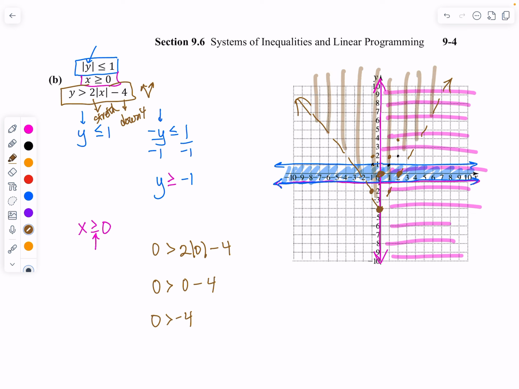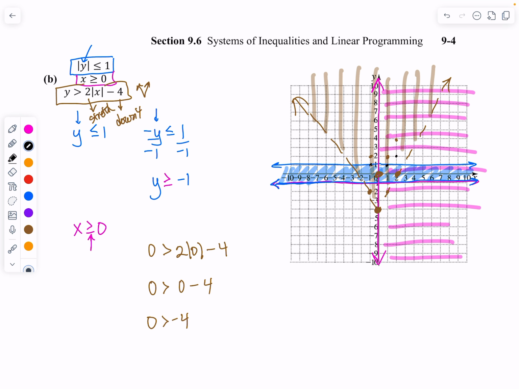All right. So I had to graph all of these first, and now the actual answer is where it's going to be brown, blue, and pink. I only see one area where it's brown, blue, and pink. That is in between the blues, and it's pink, and it's brown.